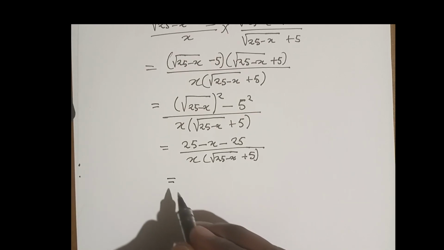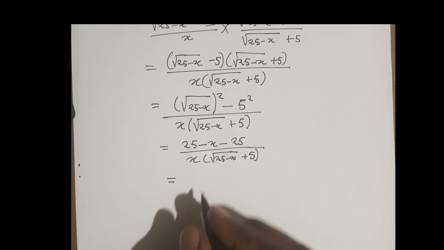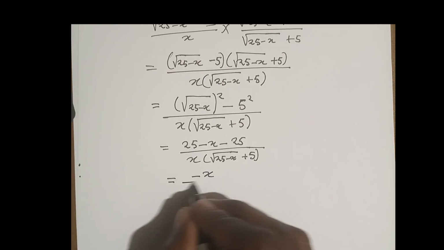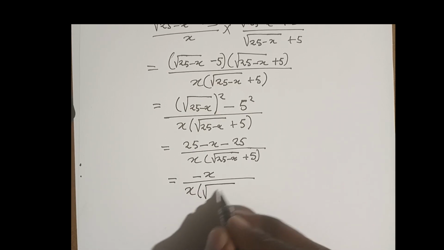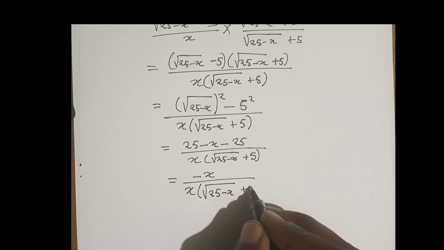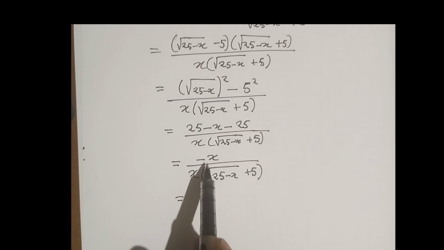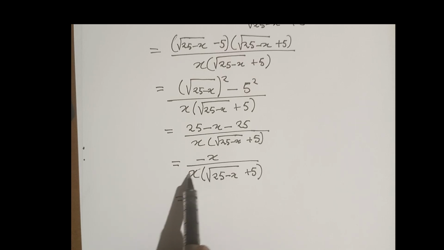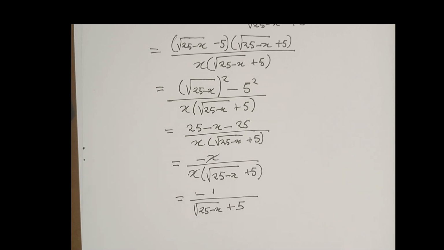Okay, and solving this further, 25 minus 25 is 0, so you're going to remain with negative x over x times (square root of 25 minus x plus 5). From here you can see that this x and this x can be divided out and remain with negative 1 over the square root of 25 minus x plus 5. So you have just simplified.